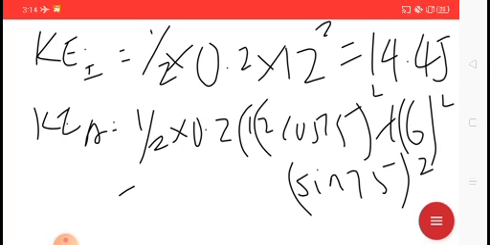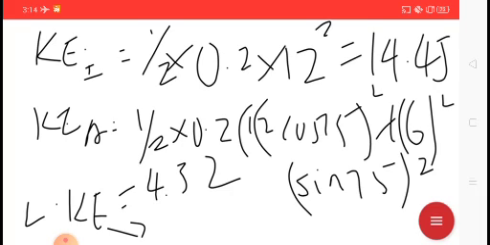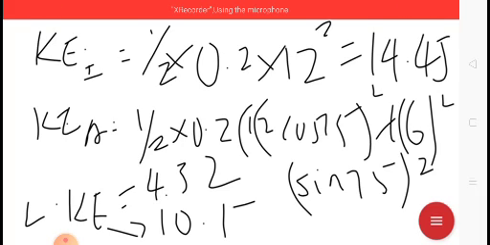And you should get about 4.32, right? So you use the 14.4 minus 4.32, you should get the loss in KE about 10.1 joule, right? 10.1 joule. Okay, so this one is for question 7.